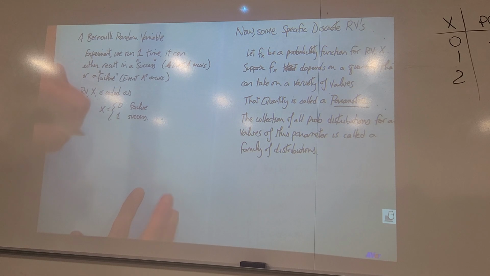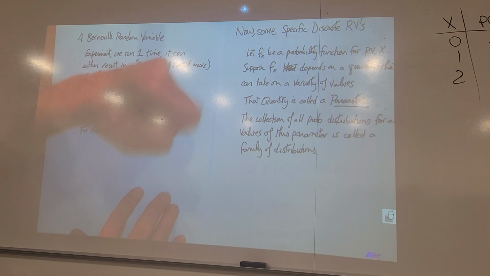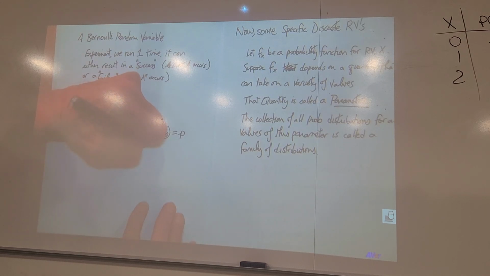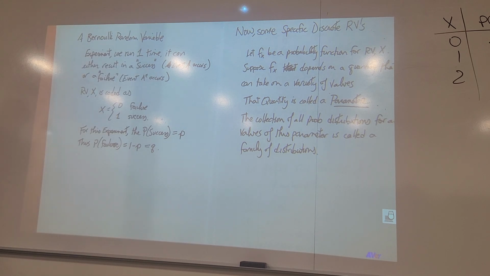For this experiment, the probability of a success is denoted P. And thus the probability of a failure is 1 minus P, often written as Q. Okay?